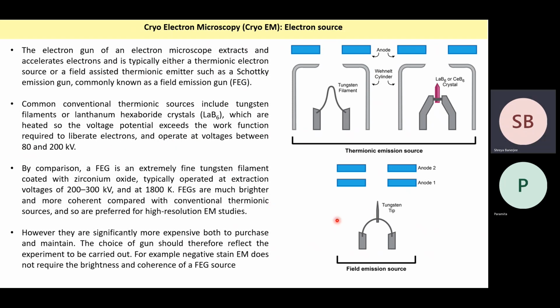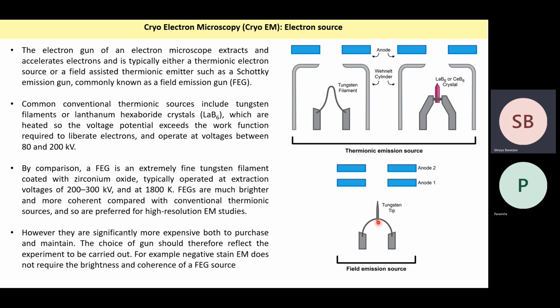In a field emission gun, there is a very fine tungsten filament coated with zirconium oxide, and it operates at much higher voltages of 200 to 300 kilovolts. These are much brighter and coherent compared to conventional thermionic sources, so they are preferred for high resolution electron microscopic studies.